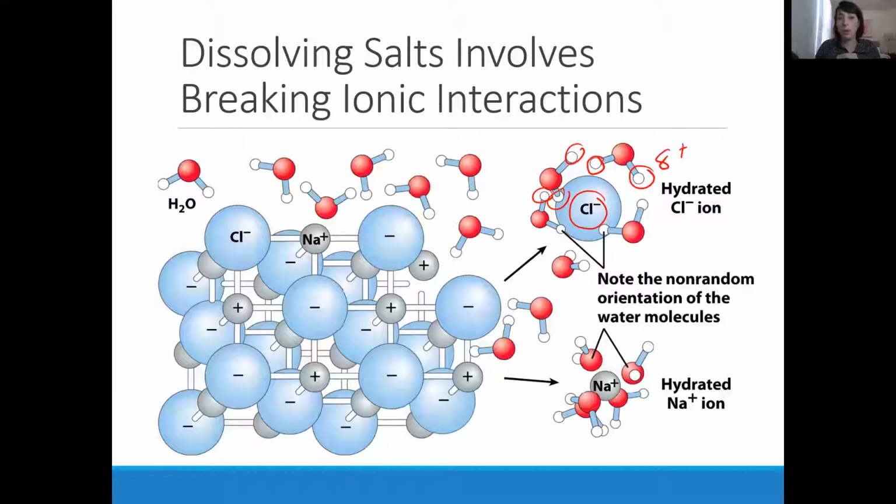So we have a partial positive and a negative interaction. Oppositely, on our sodium, which is positively charged, the oxygens are pointed towards it. Oxygens are partially negatively charged. Again, you have a partial negative and a positive interaction.